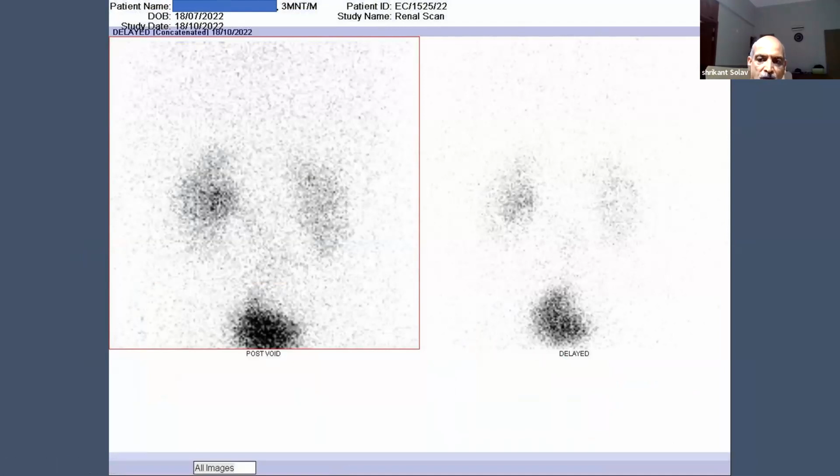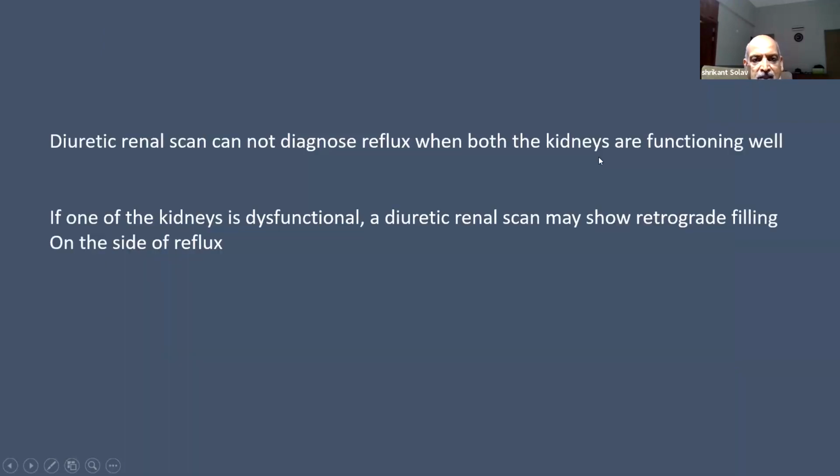So how will you document? If you ask the child to void in front of the camera in this status, the sensitivity is going to be less. So what we do is, at this stage, after having acquired a delayed image, we inject radiotracer activity about 3 to 4 times of what we use for renal scan into the urinary bladder suprapubically, so that the bladder activity is overwhelmed to an extent that nothing is visible either in the background or in the kidneys.